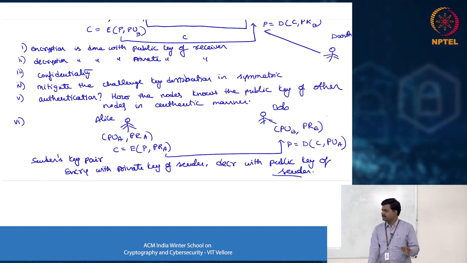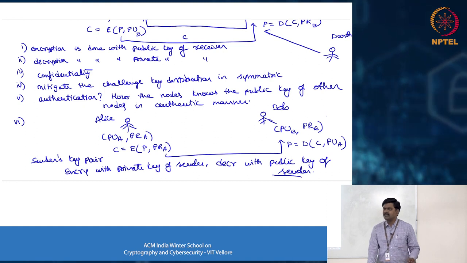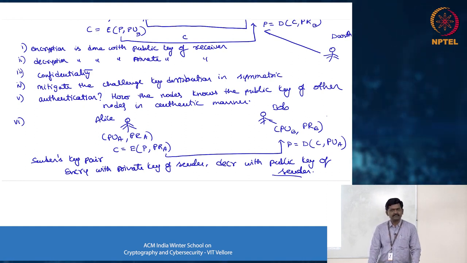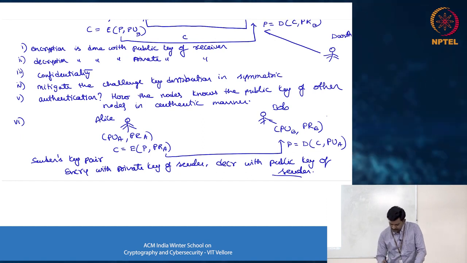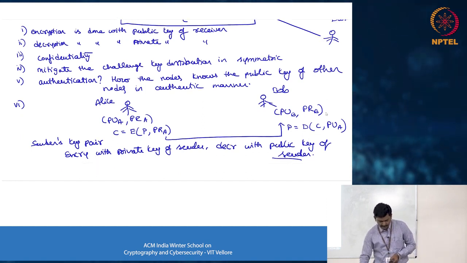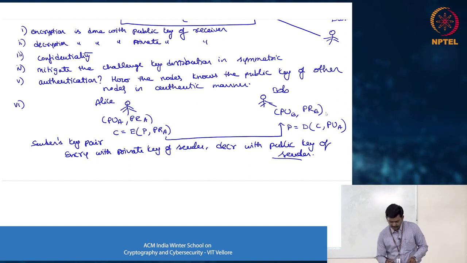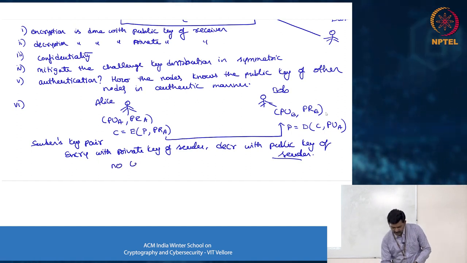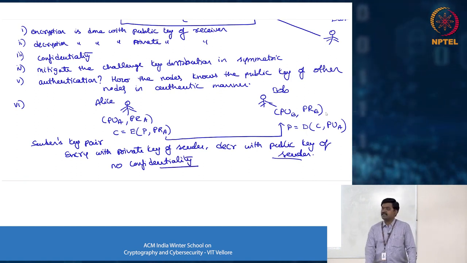Public key is public. Anybody can decrypt it. So what is lost? There is no confidentiality in this scenario. But what is gained?